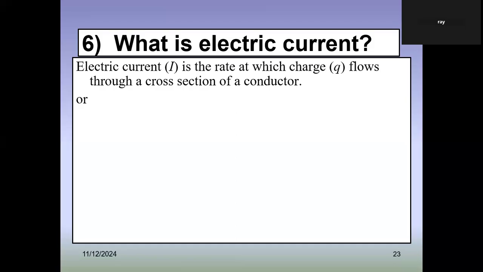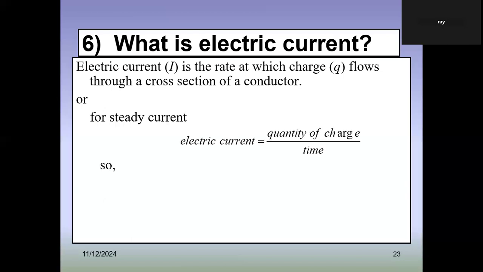Current is defined separately. It's the rate at which charge flows through a cross-section of a conductor. Or for steady current, we can write electric current equals quantity of charge divided by time. In terms of formula, Q over t, or dQ/dt.